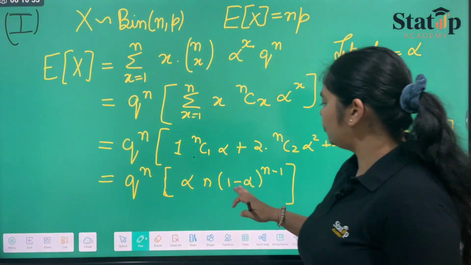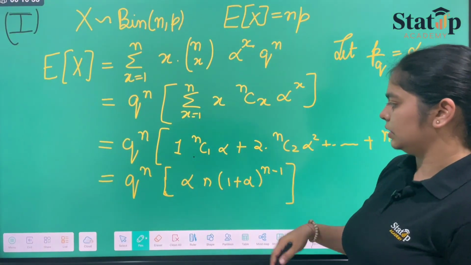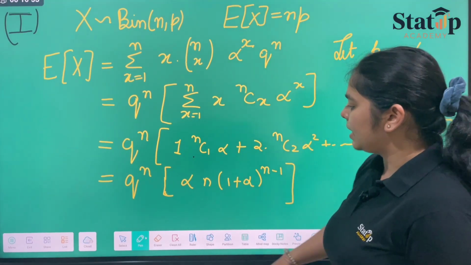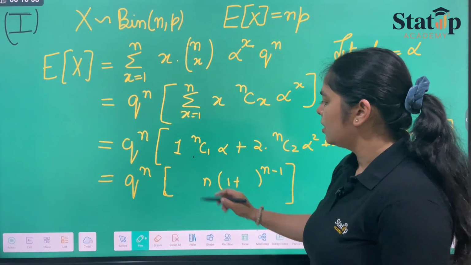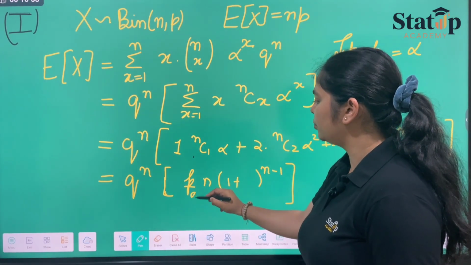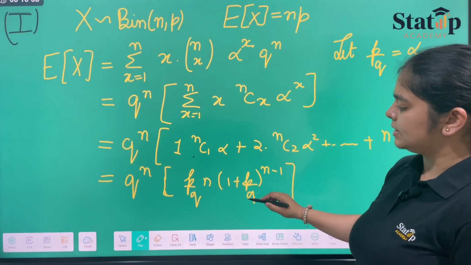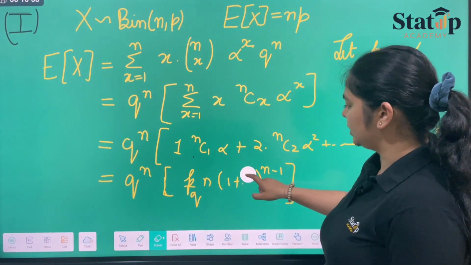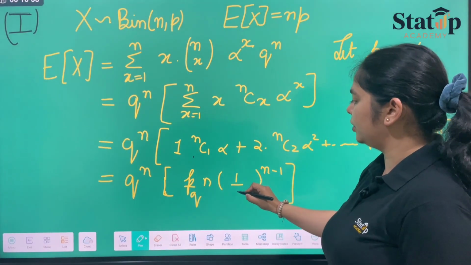Okay, now from here we can see that alpha is nothing but p by q. So instead of writing alpha, we can write p upon q. Here if we take LCM, it will be p plus q upon q, and p plus q is nothing but 1 only, so it will be 1 upon q.